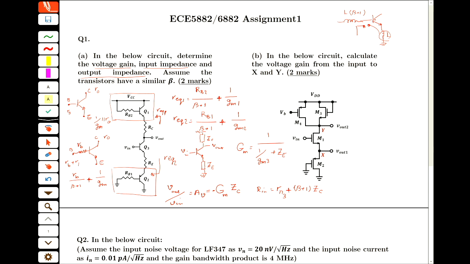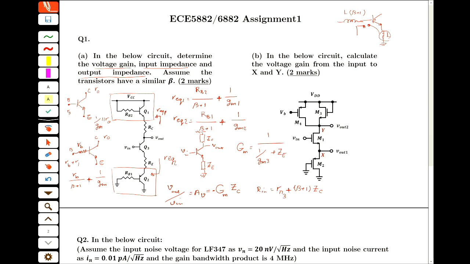Again, for GM, if you consider that GM is equal to IC over VT, then is it a good consideration to say that because the IC is the same for the three transistors, the GM of them are equal somehow? Not exactly.